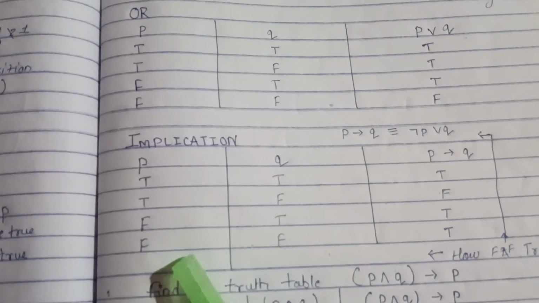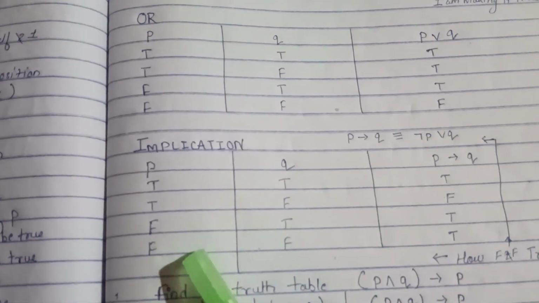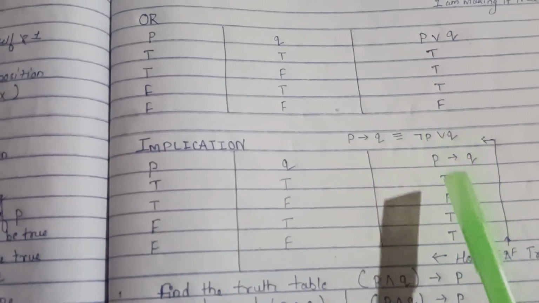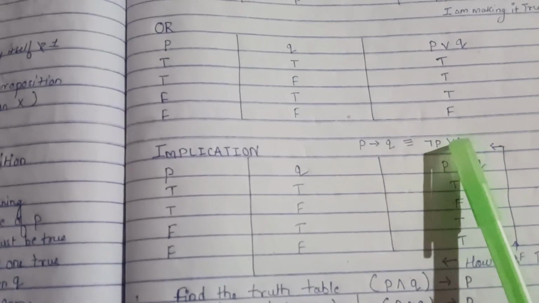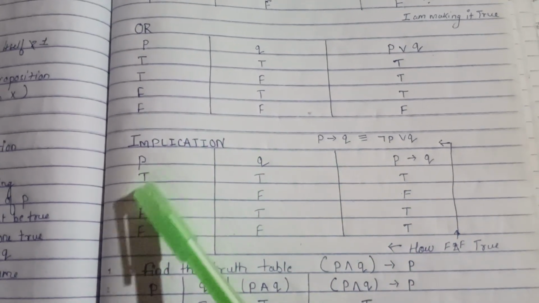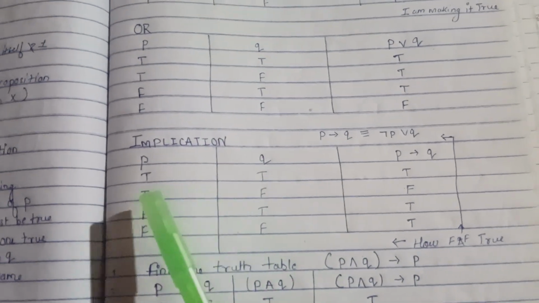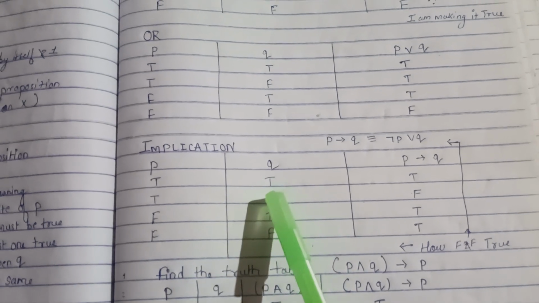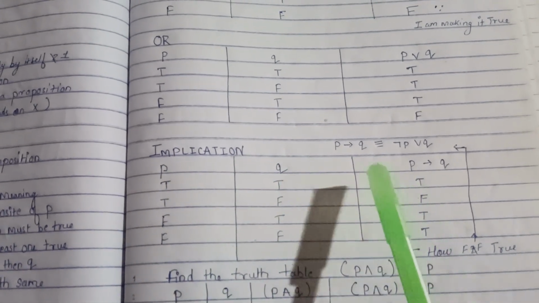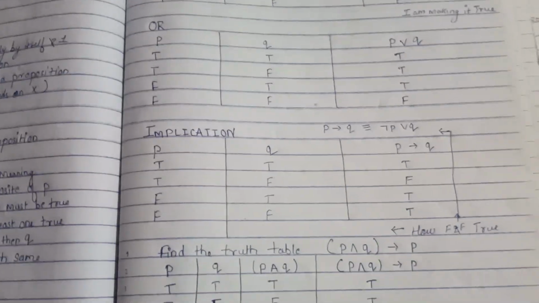Once we get true, it becomes true, because OR has the property that one of these things has to be true. So in implication the only false is when the promise is not made but P is true. True, false becomes false. The rest are true.